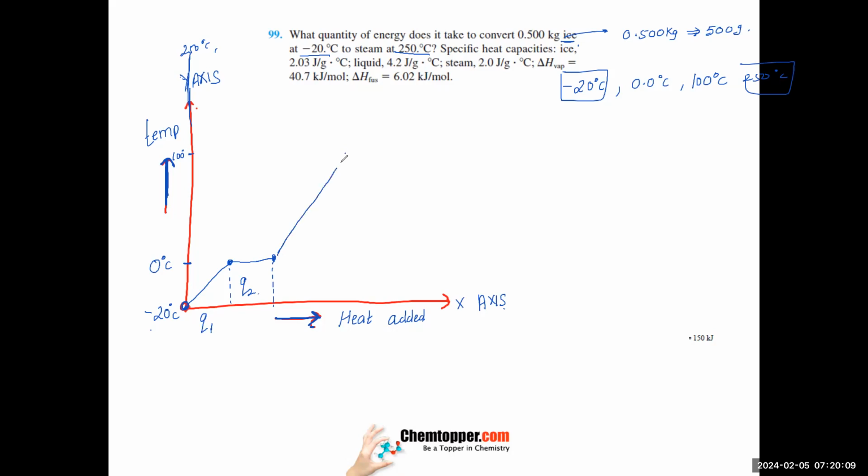Temperature is going up. And this is Q3, the heat needed. Then at the boiling point, what happens? It goes flat like this. This is Q4, boiling. And then up to 250, this is Q5.